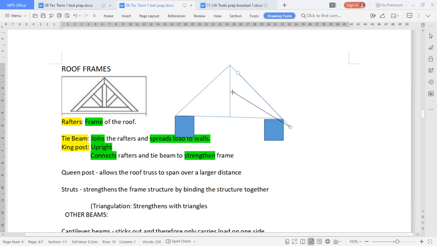So struts go from the king post to the rafter, and the purpose of that is to strengthen the structure. Okay, so here we've got struts, and it strengthens the frame by binding the structure together.